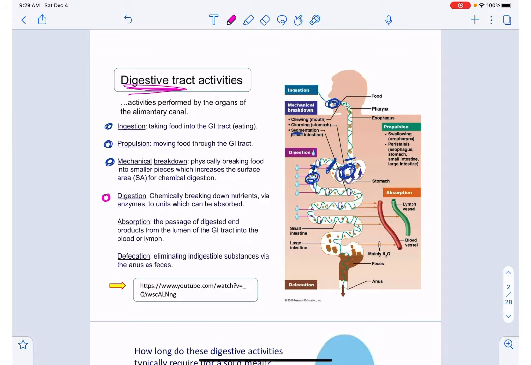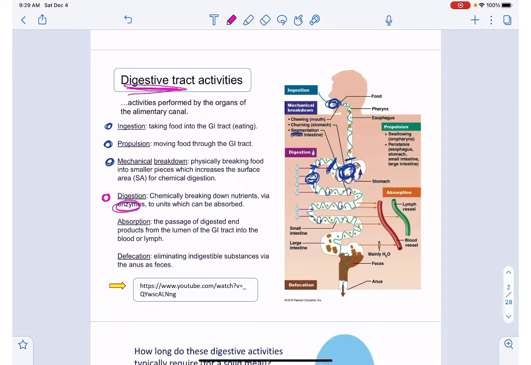And then lipids, they're not necessarily polymers, but we're going to take these lipid droplets and we're going to take the triglycerides within them and we're going to cleave off the glycerol and cleave off the fatty acids. So we're going to break down those triglycerides into their individual parts. And again, it's going to be enzymes that are responsible for this.